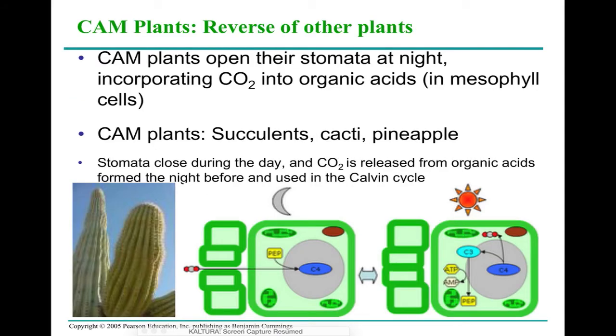What are CAM plants? These CAM plants are the desert plants. They are determined to save their water because they live in desert. So what they do is they keep their stomata completely closed during all day. But then photosynthesis has to happen when there is light. So what they do is they keep their pores open only during nighttime.